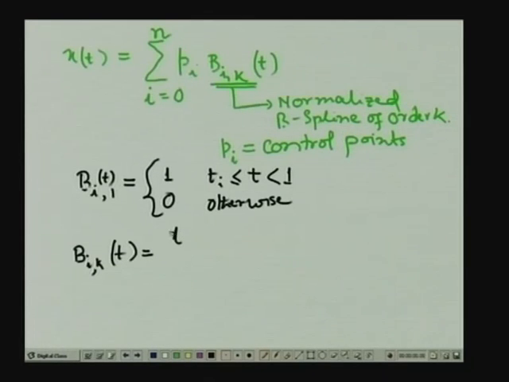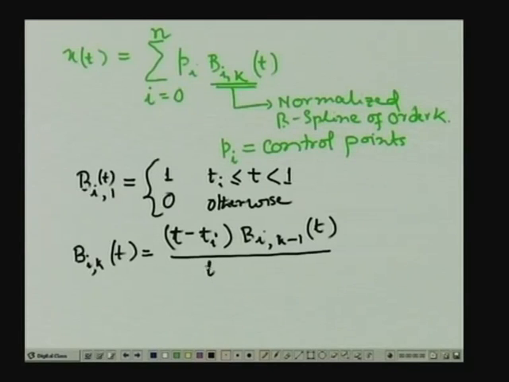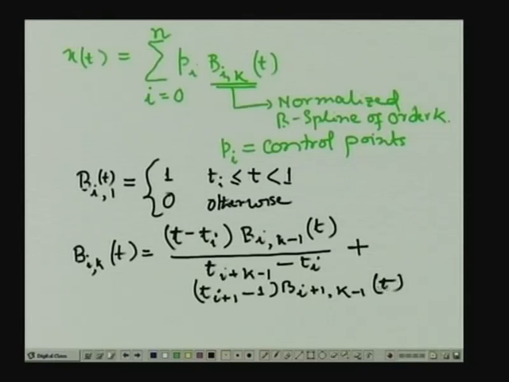So, b I k of t is equal to (t minus t I) into b I k minus 1 of t upon (t I plus k minus 1 minus t I), plus (t I plus k minus t) into b I plus 1 k minus 1 of t upon (t I plus k minus t I plus 1).